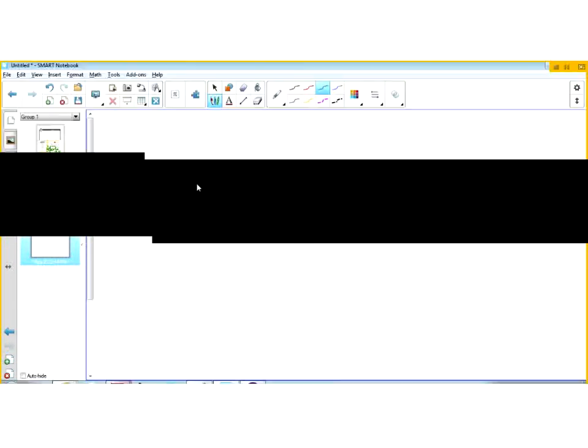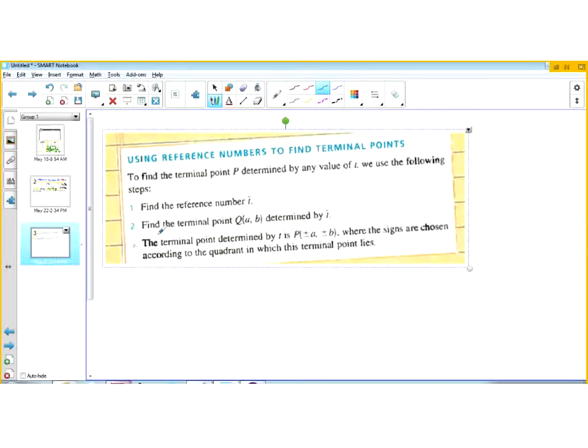So let me pull up a slide. Okay, so using reference numbers to find terminal points.